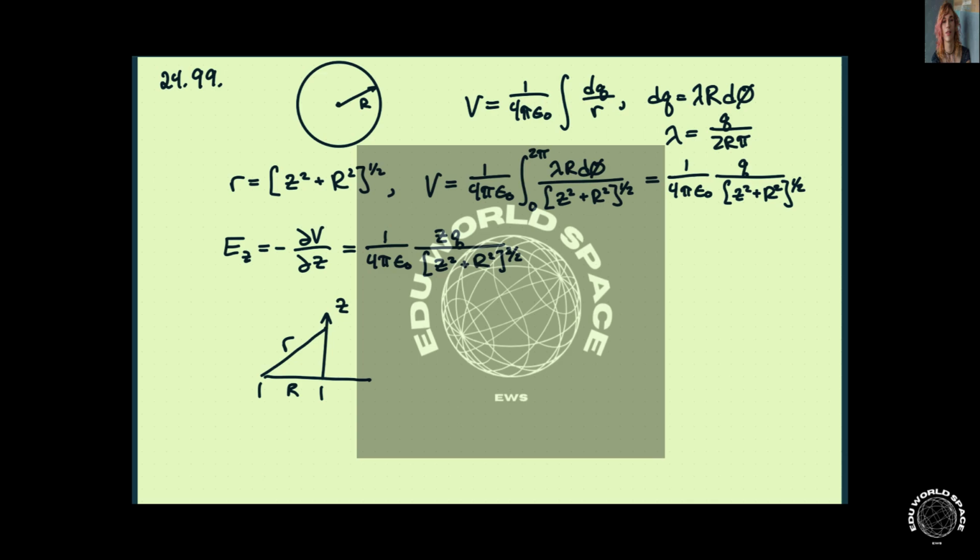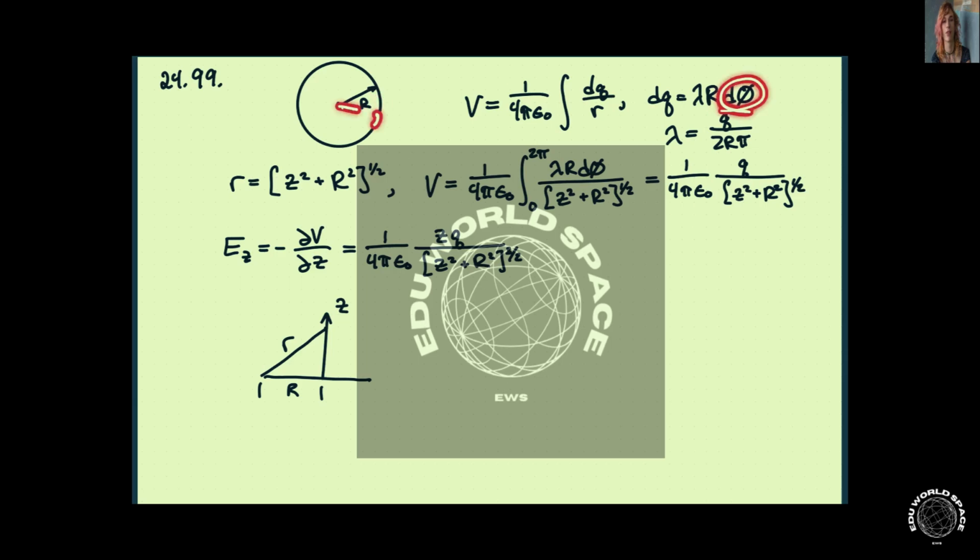So what we're doing here is we need to integrate, figure out how much voltage each little bit of charge contributes to a point along the z-axis. Our integral is given by this expression here, as usual, and we know that dq is the charge density times the differential length element along which it acts, and that's r d phi.